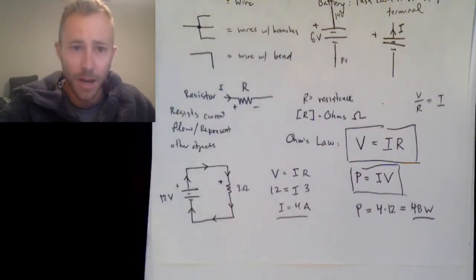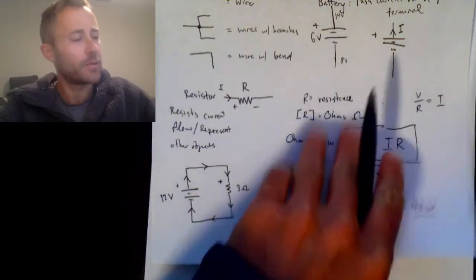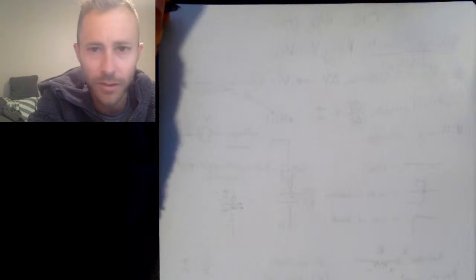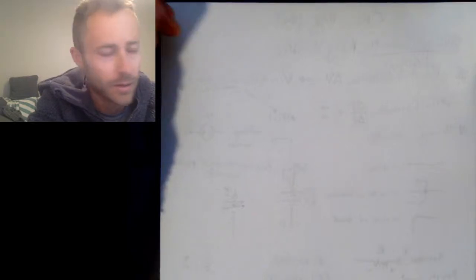You can combine batteries. So let me talk a little bit about that. Well, actually, let me talk about the two basic types of connections. There are two really common connections that appear in circuits.